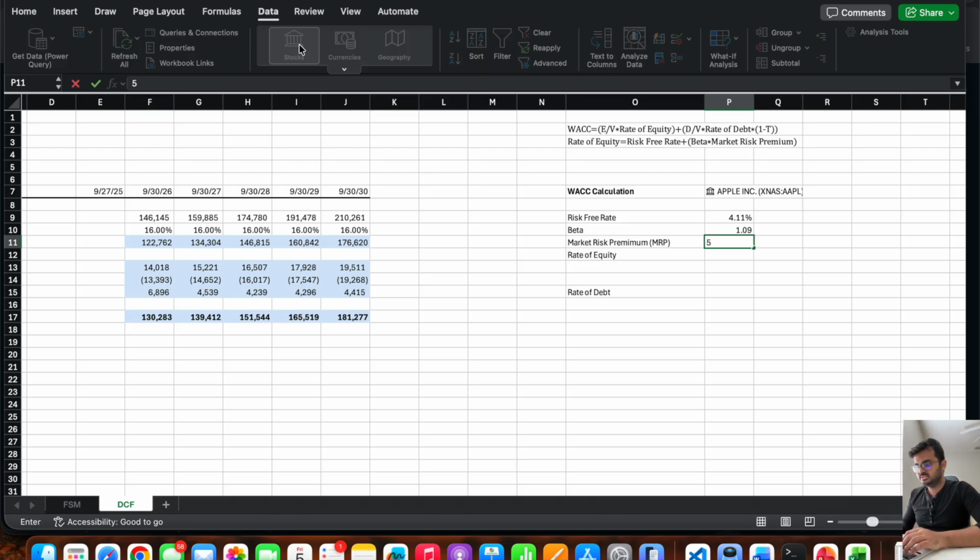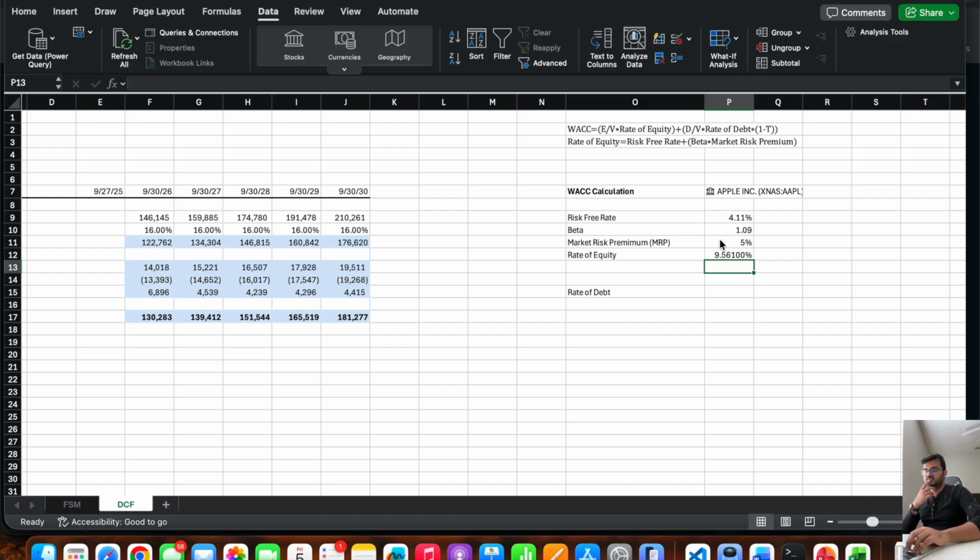For now, I'll say I'm expecting 5% more premium than what the market is giving me, which is 4.1%. Then I will get the rate of equity. So rate of equity is risk-free rate plus beta, which is this guy, times market risk premium, which comes to around 9.56%.